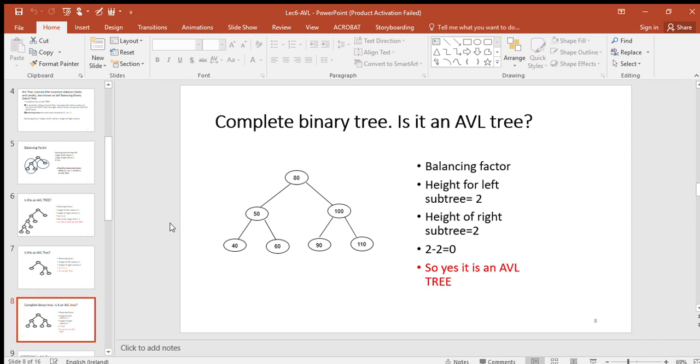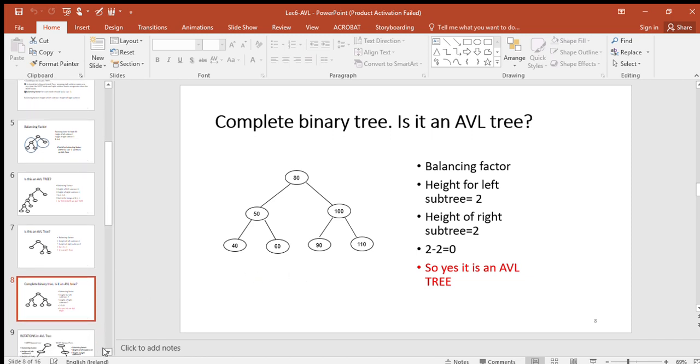So for 80 it is 2 minus 2, which is 0. For 50 it is 1 minus 1, which is 0. For 100 it is again 1 minus 1, which is 0. So a complete binary tree will always have zero balancing factor for each node, and so we can say it is an AVL tree.